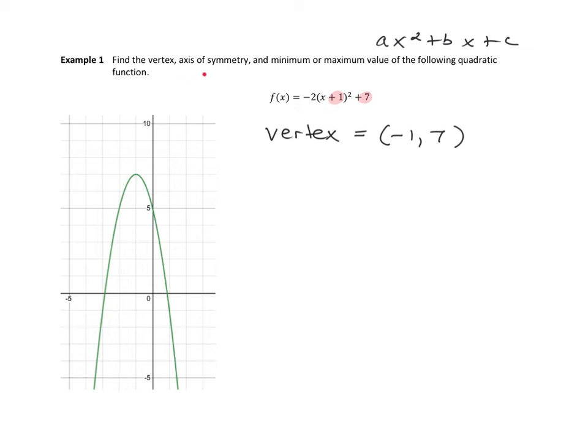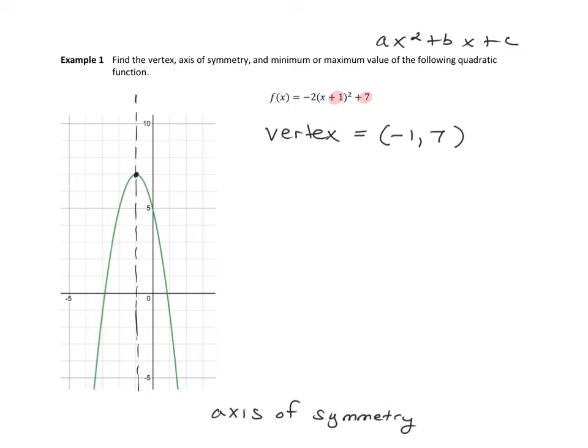Now here's a new term, something called the axis of symmetry. The axis of symmetry is the vertical line that goes through the vertex. So I'm going to draw that on here. So this vertical line is called the axis of symmetry.